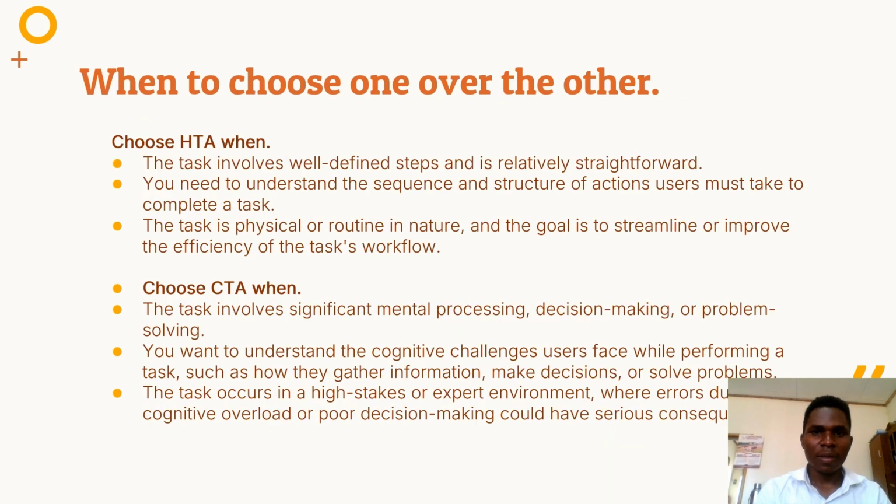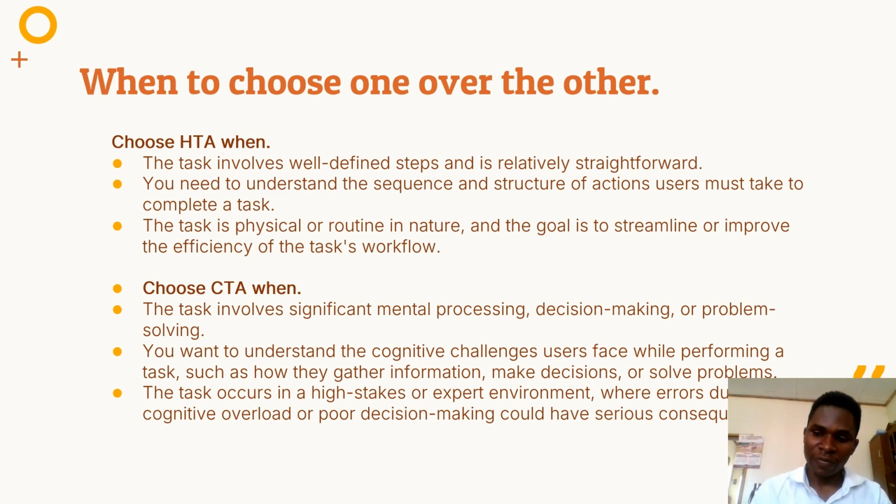To continue, when would we choose HTA over CTA? HTA would be chosen first when the task involves well-defined steps and is relatively straightforward. Now, for this one, we would take it when the task is in a given order, in given steps that have hierarchies.